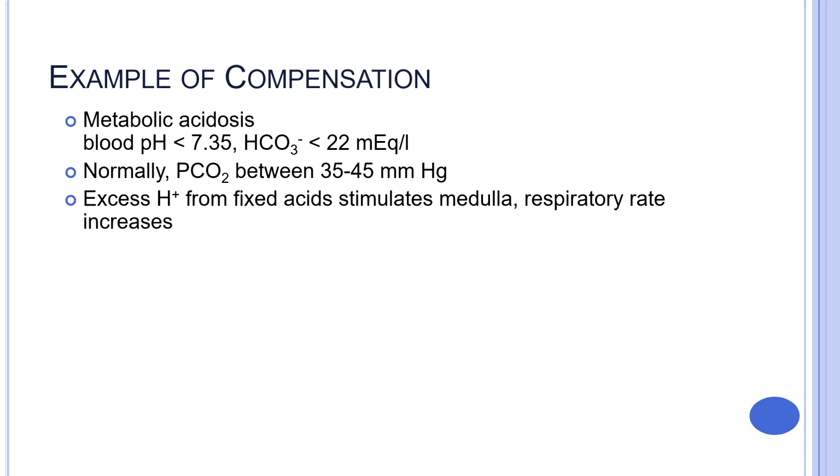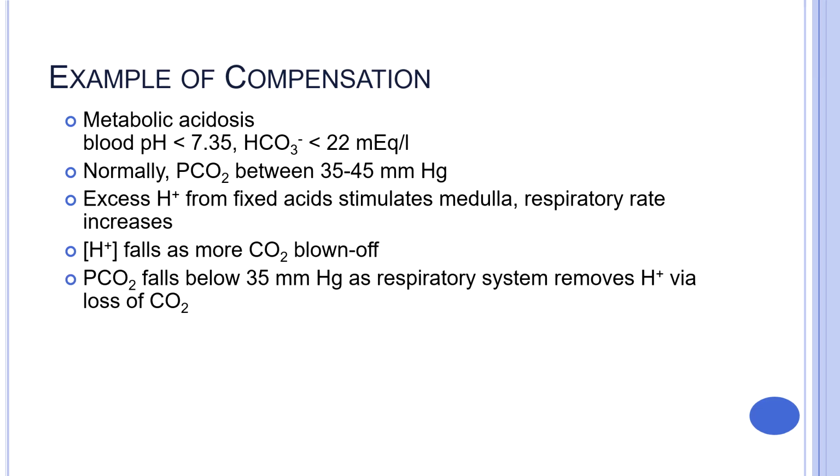Hydrogen ions fall as more carbon dioxide is blown off, right? The more you breathe it out, the more you get rid of it. This will cause the carbon dioxide levels to fall below 30 millimeters of mercury as the respiratory system removes the hydrogen via loss of carbon dioxide.